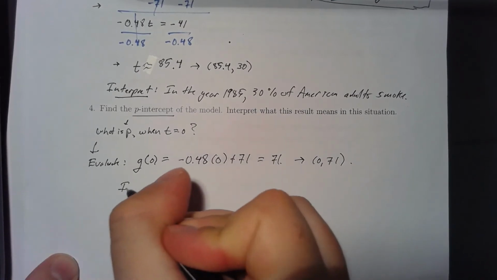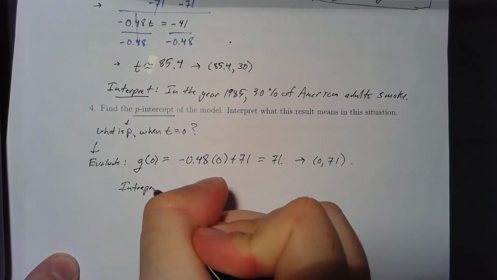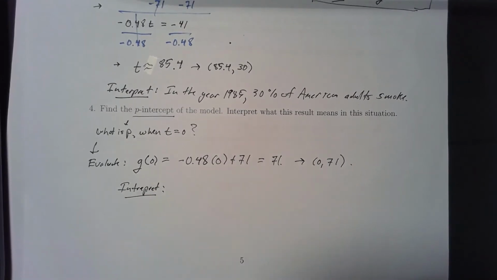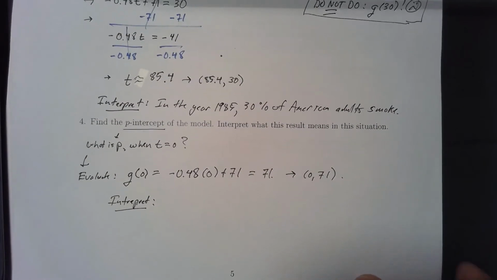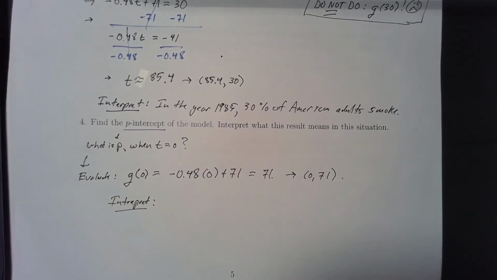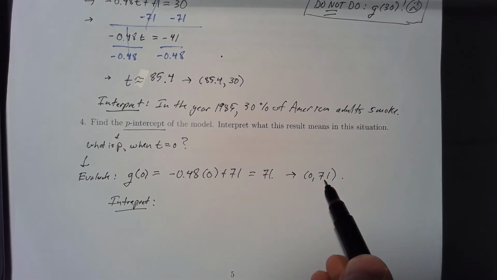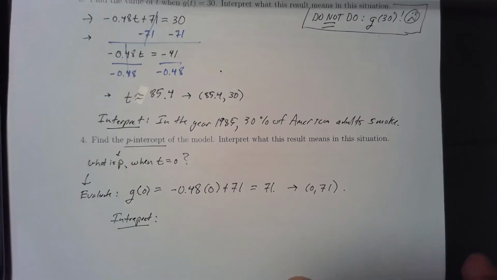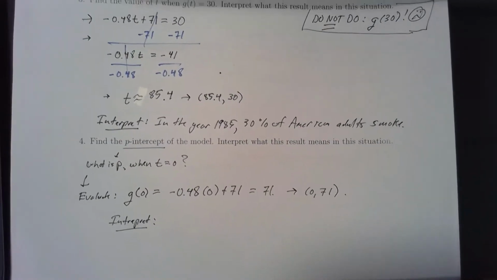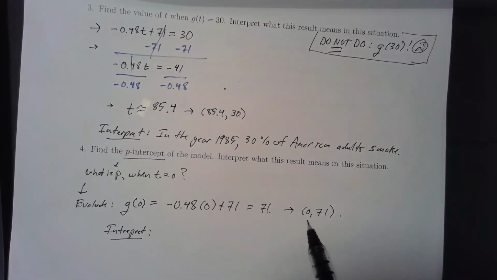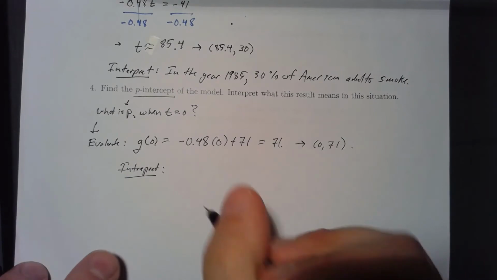Interpret it. Again, same thing. This is the number of years since 1900. This is the percentage of American adults who smoke. So 0 years since the year 1900 is what year? 1900.